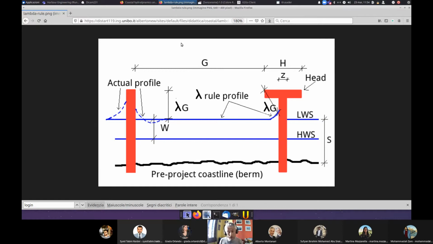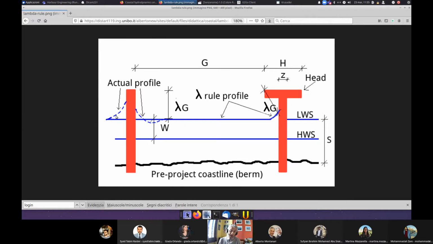And look at this figure, two important features. First, this is of course not really the actual profile that you reach, because I already mentioned that you have a higher deposition of sand in the updrift side of the groin. So if you look at the dashed blue line in the left groin, you see that I have identified here the actual profile.